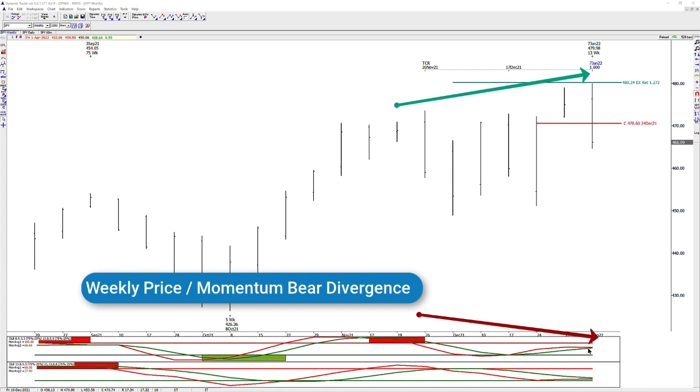So it shows that the market's running out of buying power, running out of speed. Remember, momentum indicators pretty much represent the rate of change or the speed of the trend, and it's just running out of momentum on the upside. So the momentum's at a much lower level than it was at the last high. That's a wake-up call for a potential weekly high.